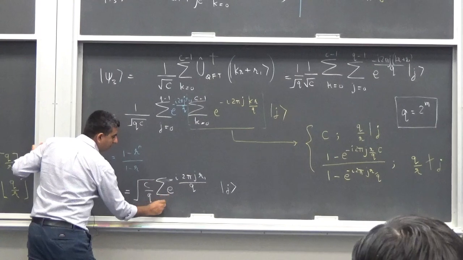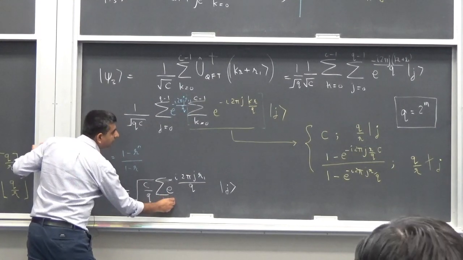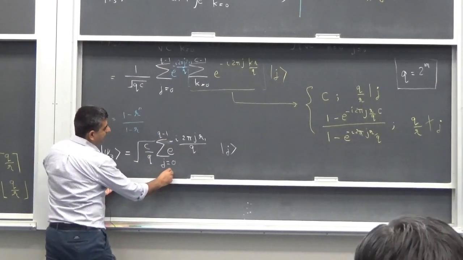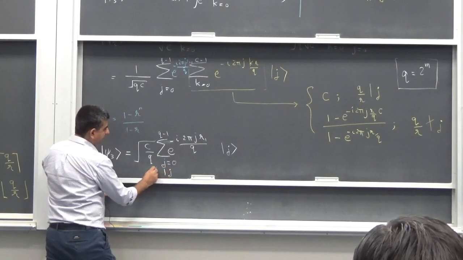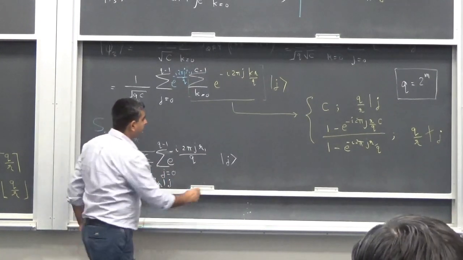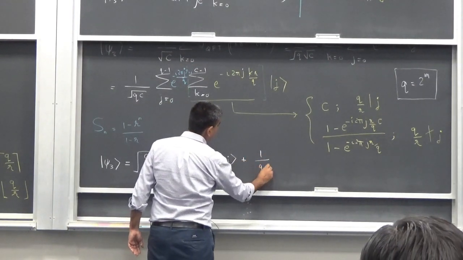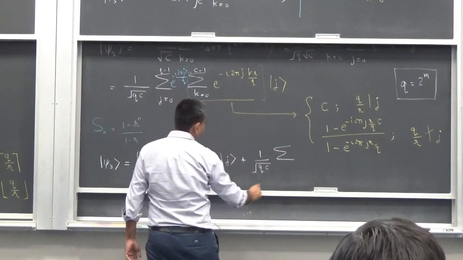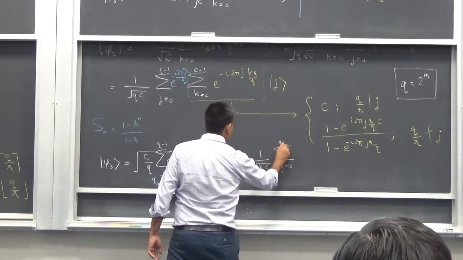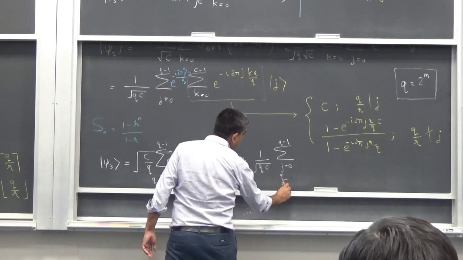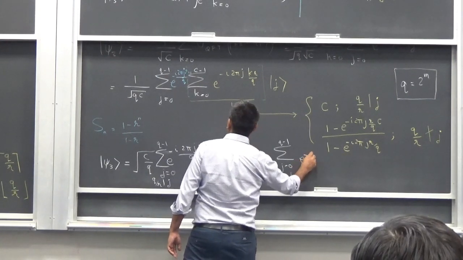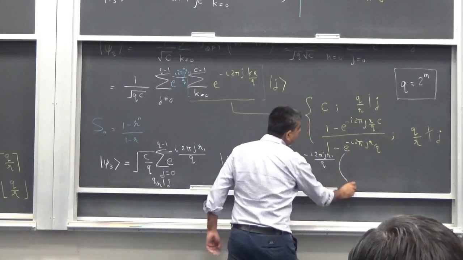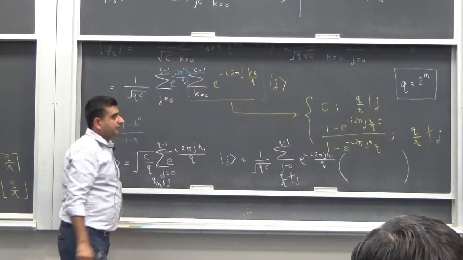This is the sum over all j's from 0 to q minus 1, provided q over r divides j, plus 1 over qc, sum over all j's, minus 1 in case that q over r does not divide j, e to the minus i 2 pi j r 1 over q, multiplied by this thing, right? This ratio here.